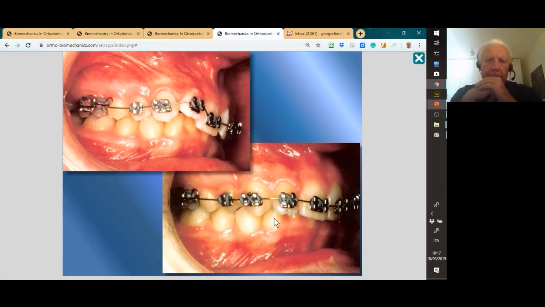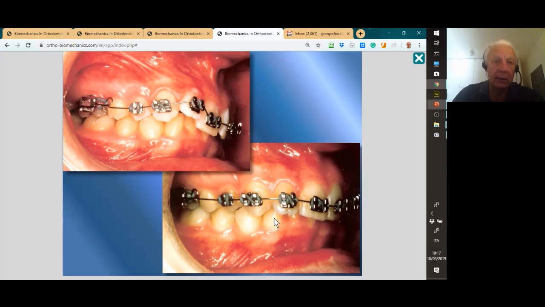Look at these two pictures. These two pictures were given to me by Professor Burstone several years ago, very old pictures. It was the time when superelastic wires were introduced, and people were just enthusiastic about the fact that they could engage a wire in teeth that had such large malalignments.